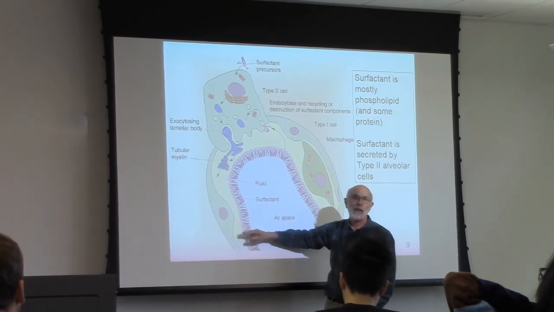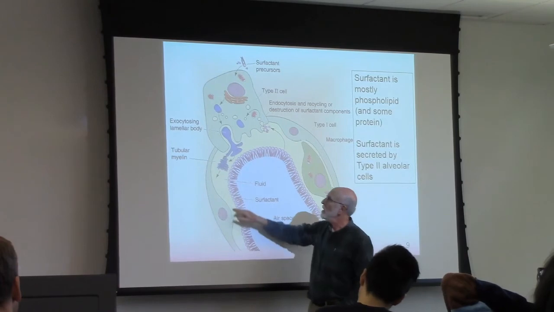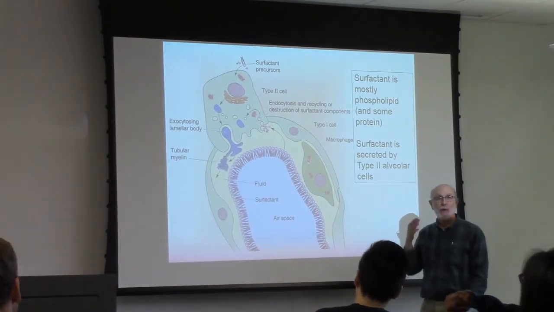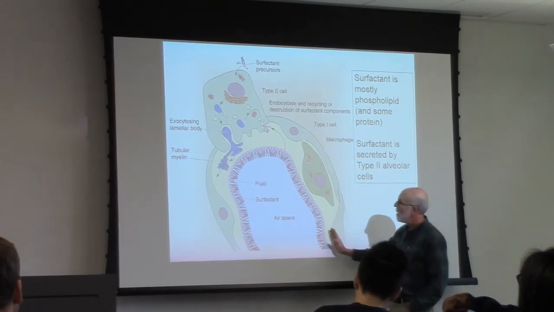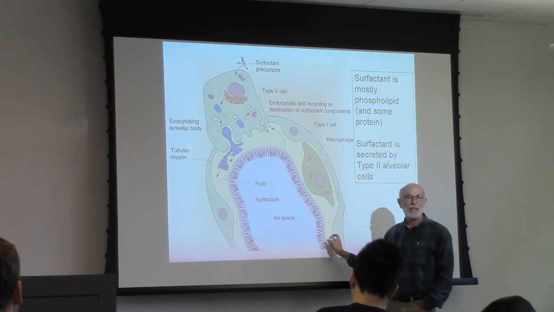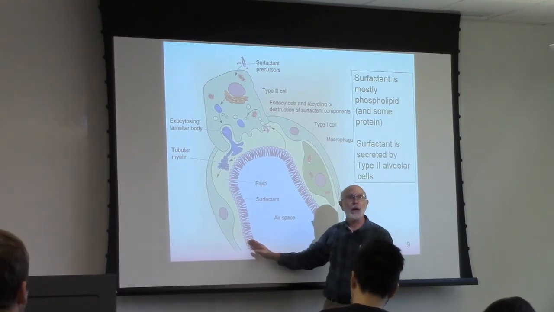There's a thin layer of water because cells don't like to be in contact with air. So there's a thin layer of water that could have been exocytosed by some cell. And then a microscopically thin layer, I mean this is nanoscopic, a molecularly thin layer of surfactant that is in contact with that layer of water.